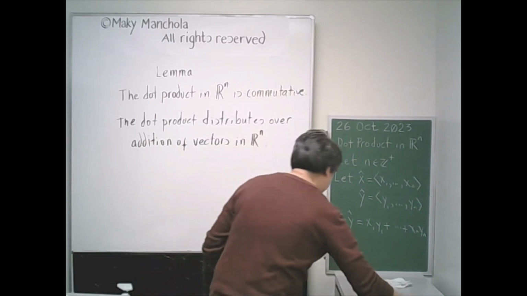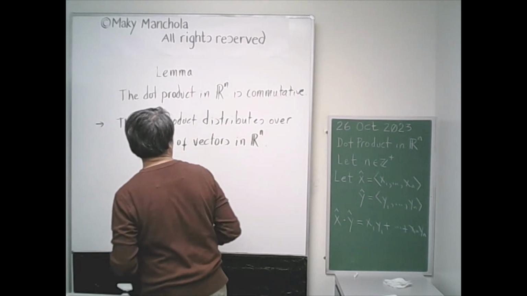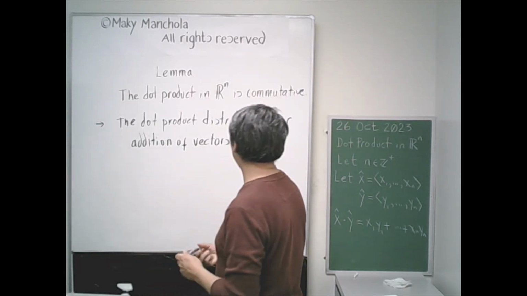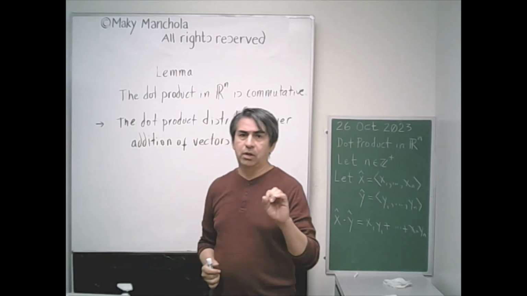Okay, so let's prove that the dot product distributes over addition of vectors in Rn. So here is what we want to show.